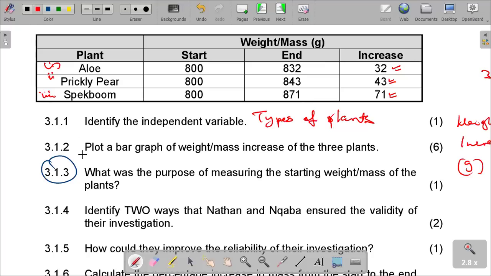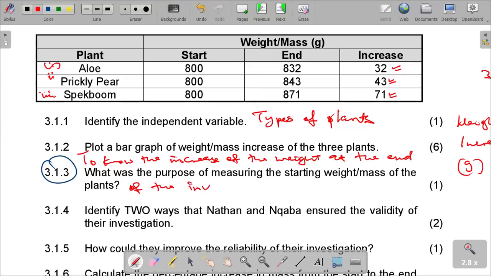In order to know the increase of the weight at the end of the investigation. Obviously, we need to know the changes.